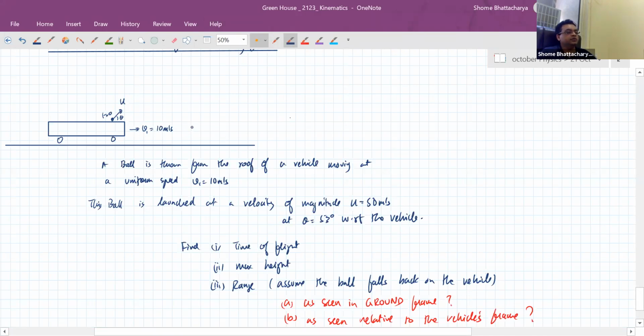So this is a situation at t equal to 0. Now the ball is going to go something like this. And we assume that when it lands, it still lands on the vehicle because the vehicle is long enough.